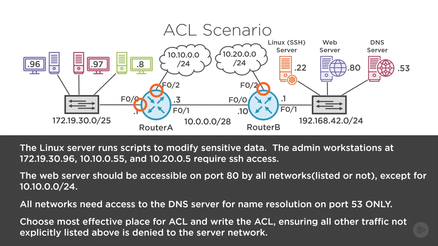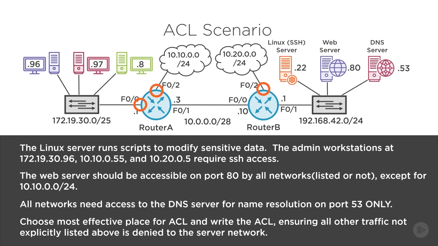So here's our scenario. Where should we apply that access control list? Well, based on Cisco's requirements, what Cisco says is that extended access control list should always go as close to the source as possible. And here's another case where I explicitly disagree with Cisco.